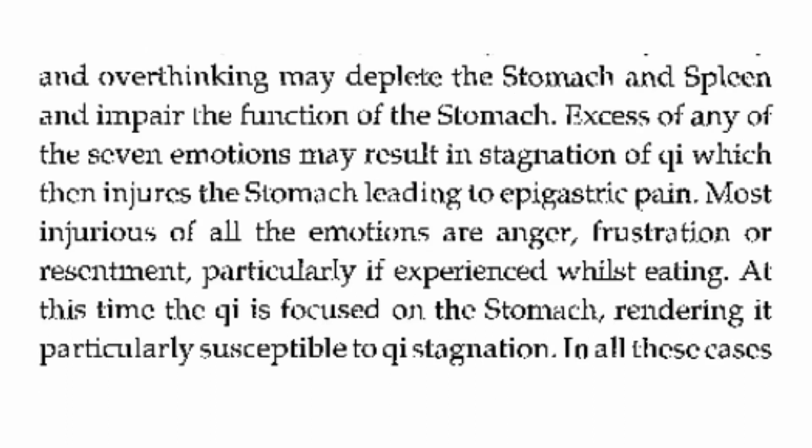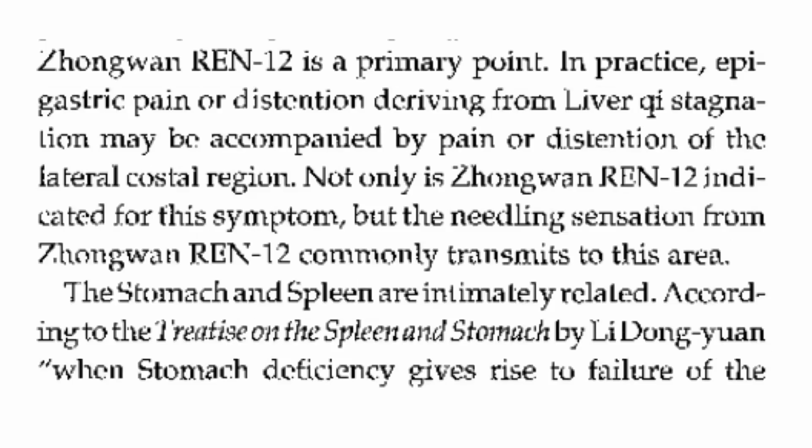Most injurious of all the emotions are anger, frustration, or resentment, particularly if experienced while eating. At this time, the qi is focused on the stomach, rendering it particularly susceptible to qi stagnation. In all these cases, REN 12 is a primary point.